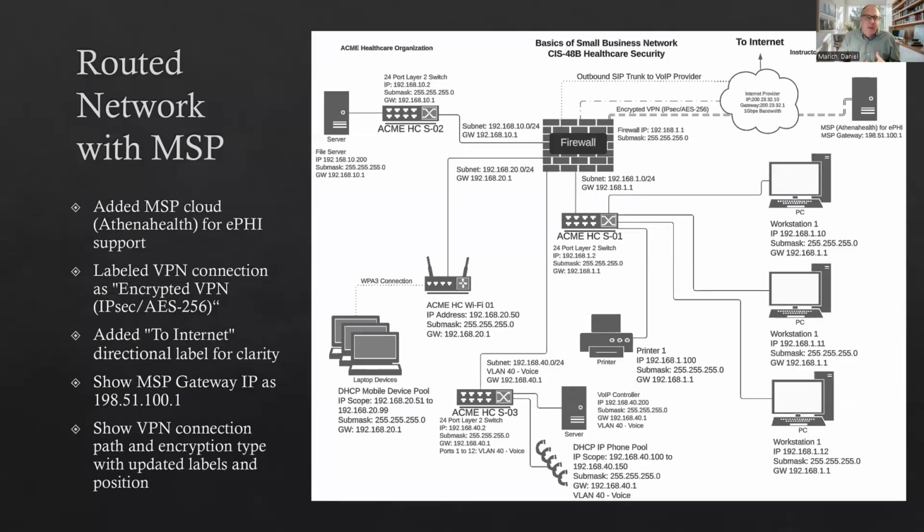But how do we connect to that MSP? We could connect to that through an encrypted VPN. So I've added to this network map an encrypted VPN, IPsec using AES 256 encryption, to connect to our EPHI server, or in this case, our managed provider.